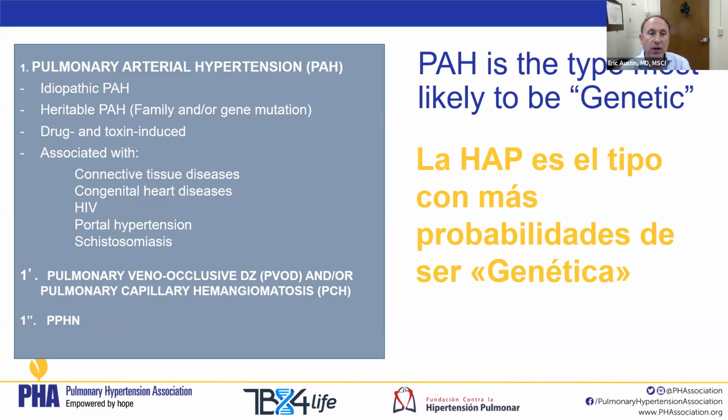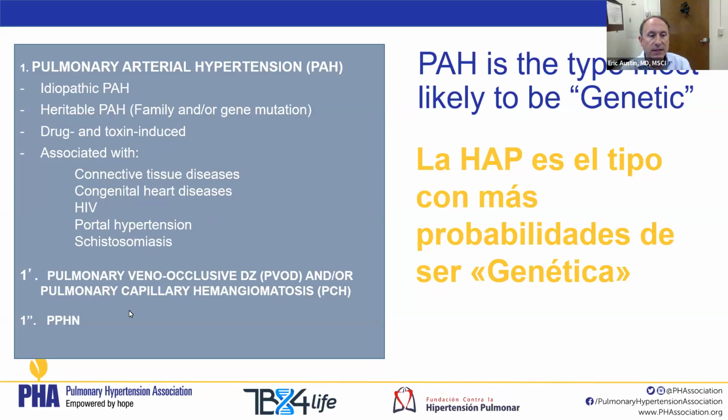Additional causes include drug and toxin-induced pulmonary hypertension, which may or may not be associated with genes, and other associated causes that are less likely due to what we traditionally think of as PH genes, including connective tissue disease, congenital heart disease, HIV, portal hypertension, and schistosomiasis. In some rare cases, you may see PH-related genes in those cases.